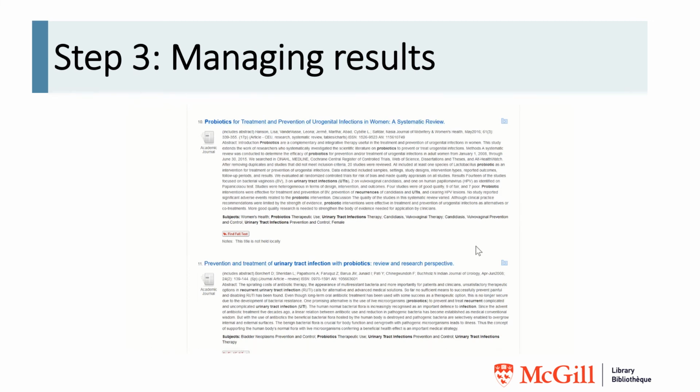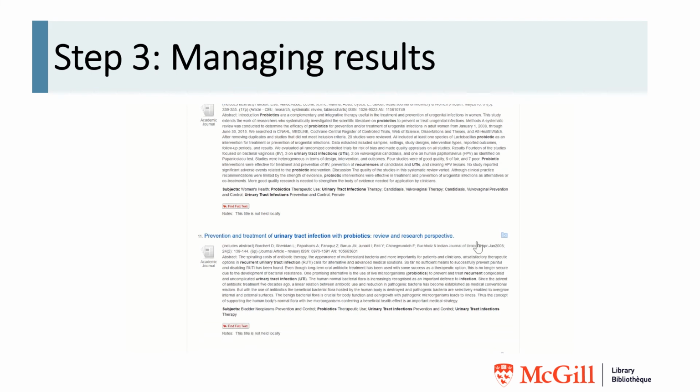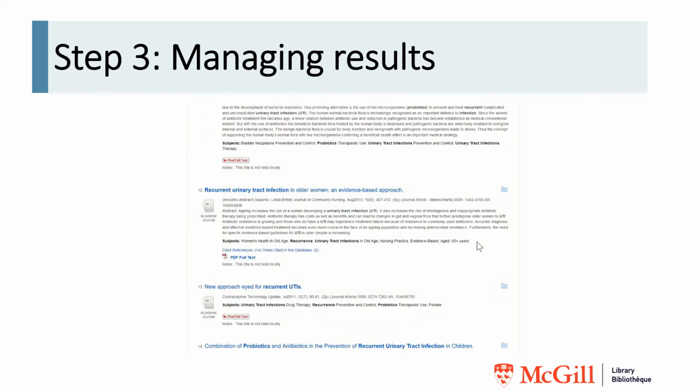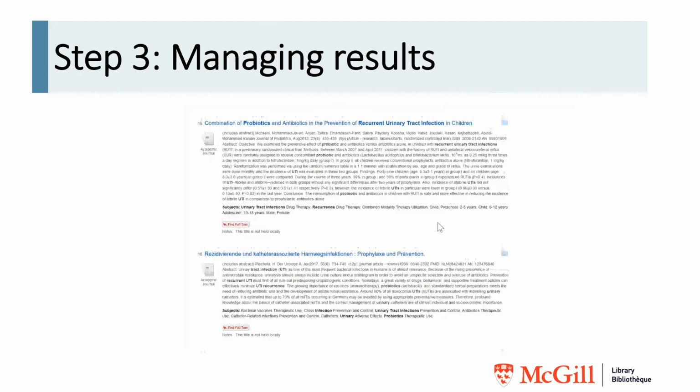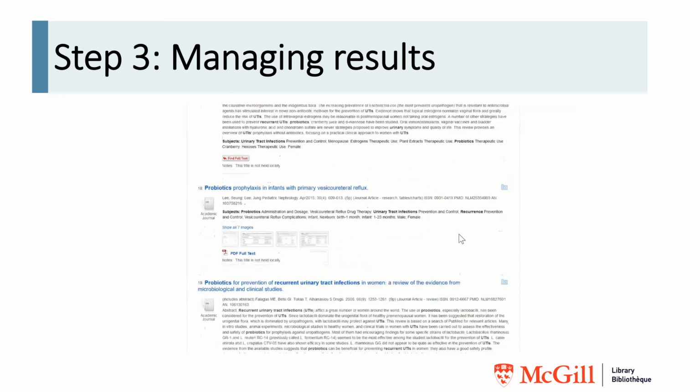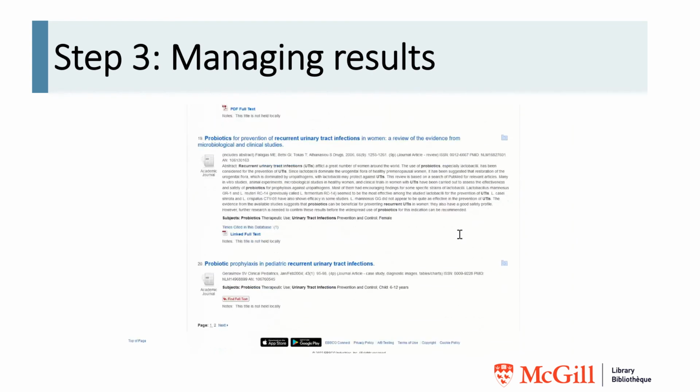But again, this is an option you have if, let's say, you had 150 articles or 2,000 articles. That would be a really good way to limit your results to the most relevant and higher level results. Now, I'm seeing that that's really the only systematic review that's there.